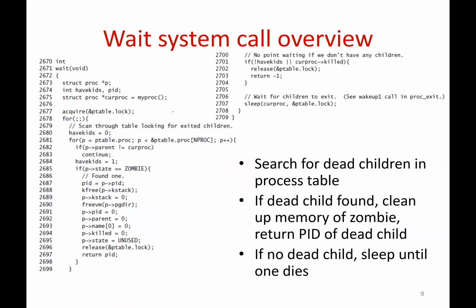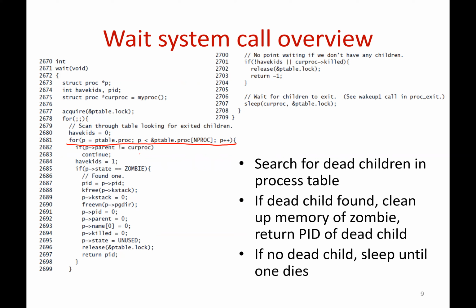Now this is the wait system call. A parent process that has spawned a child should periodically call wait so that once the child has terminated, the wait system call will clean up the state of the terminated child. So what is happening in the wait system call? The parent is looking through the process table, seeing if any of these processes are its children.